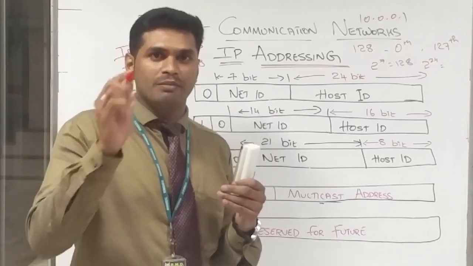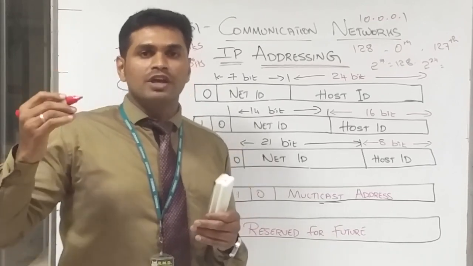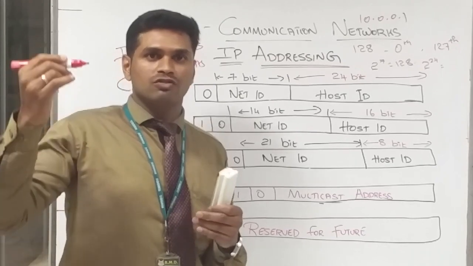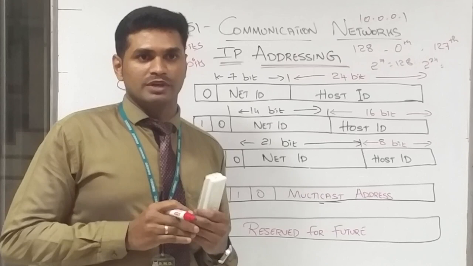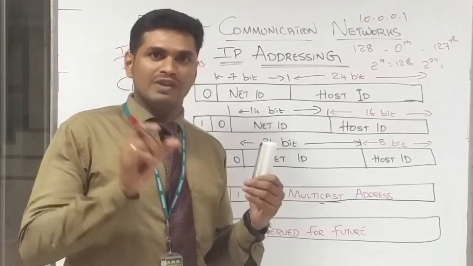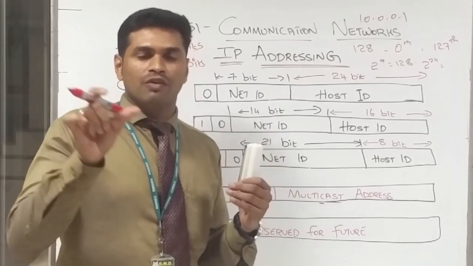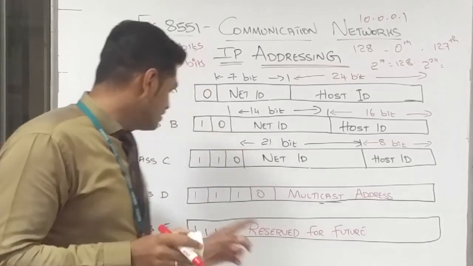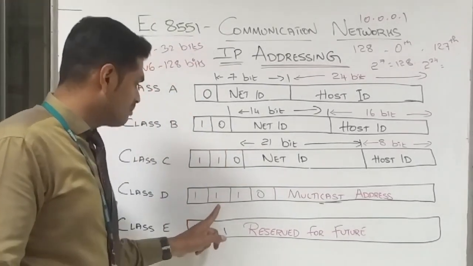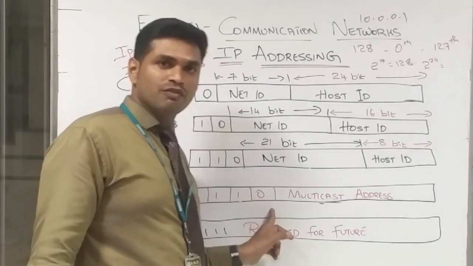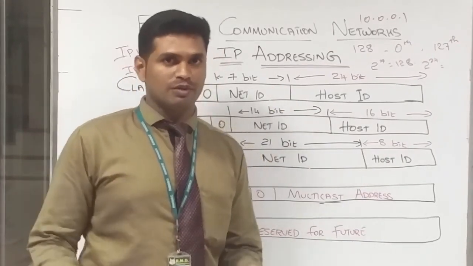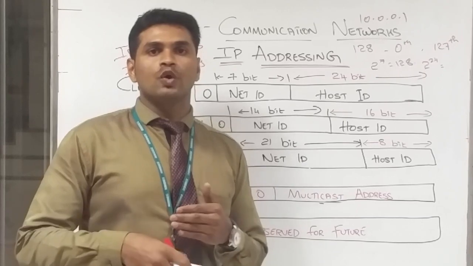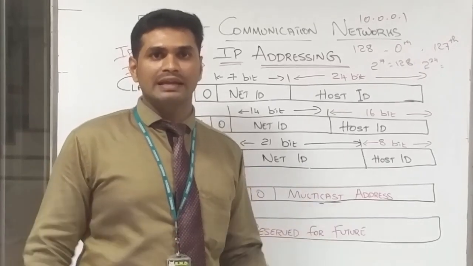We can say the group name is G. So every host computer that belongs to group G will receive this multicast information. The source computer will have a unique way of addressing for multicast transmission, where the first bit is 1, the second bit is 1, the third bit is 1, and the fourth bit is 0. This represents the multicast address, which can be used for transmitting data to group members who are connected globally in the internet.